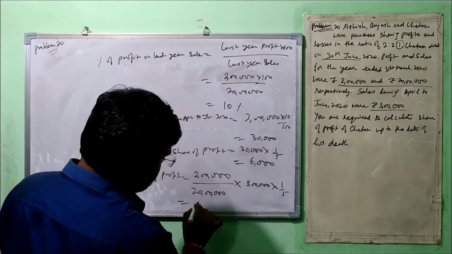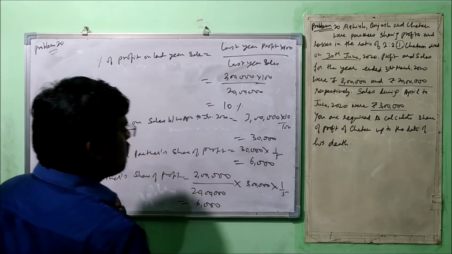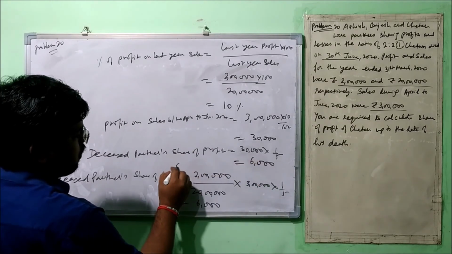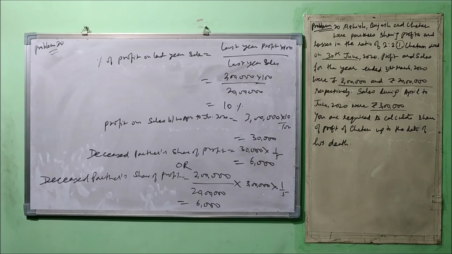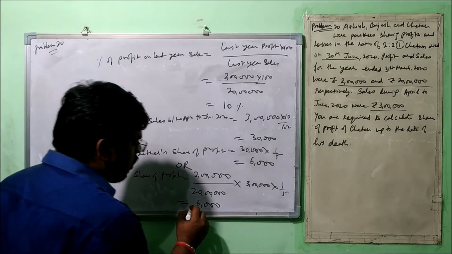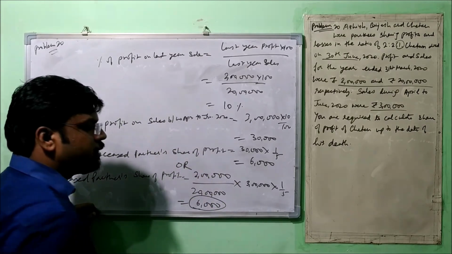If you calculate, then you get the same amount. Means either you can follow this way or you can directly apply this formula. Understood? So after application of this, we have got the share of profit of deceased partner.